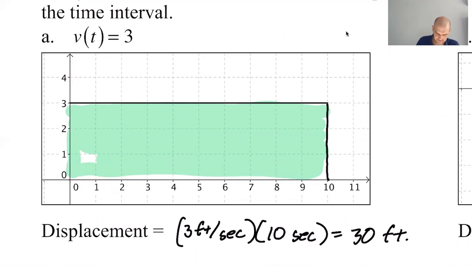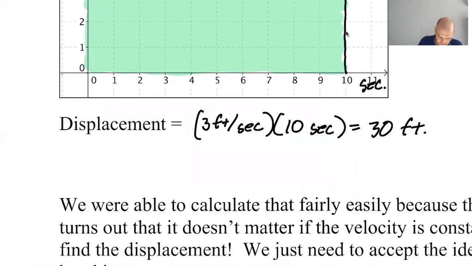Okay, so this is in feet per second, this is in seconds, and if you multiply feet per second times seconds, you just get feet. So our displacement is 30 feet. What does that mean? 30 feet to the right of where you started.